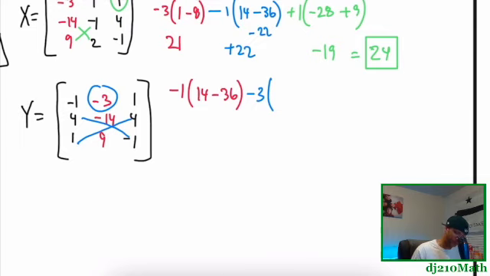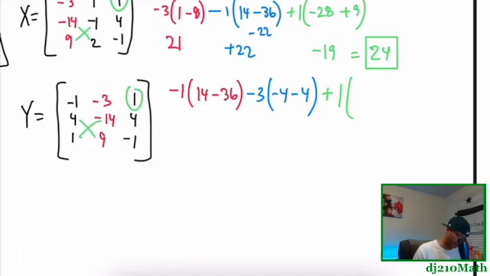This is going to be -4 minus 4, 1 plus, right? This is going to be 4 times 9 is 36 minus 14, -14, so plus 14. Okay, let's simplify. 14 minus 36 is -22 times -1, positive 22.